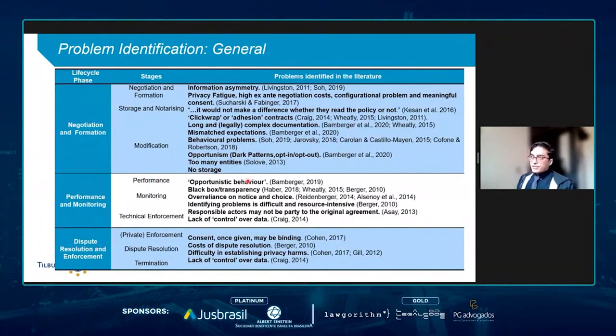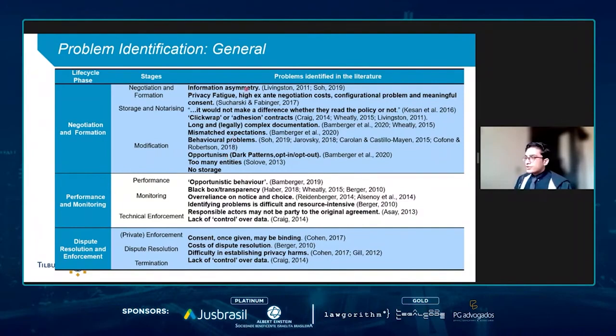Now, in the first chapter of the thesis, we conducted a descriptive literature review of legal literature on the problems users face in these interactions. This is an early stage result, but there are clearly quite a lot of problems that users face, and these problems are not necessarily limited to transaction costs. They're not necessarily limited to a particular subset, but for instance, users also face behavioral problems in interacting with these policies.